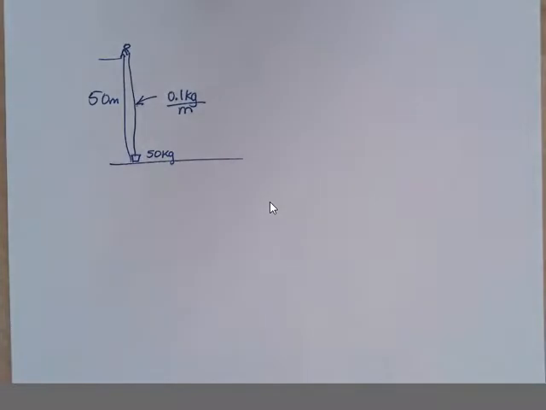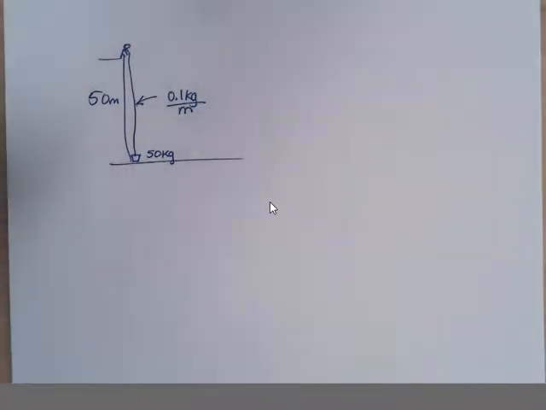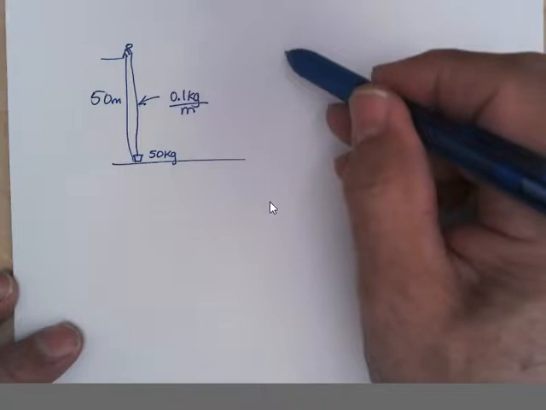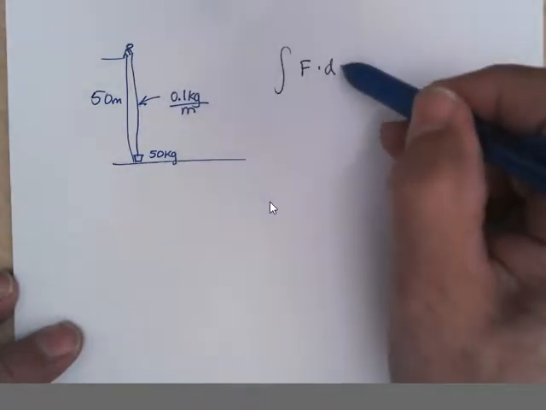And that makes sense. A rope 50 meters, 150, 160 feet long would be about 10 pounds, maybe a little bit more if it's wet. Okay, so we have to find the integral of force times distance.